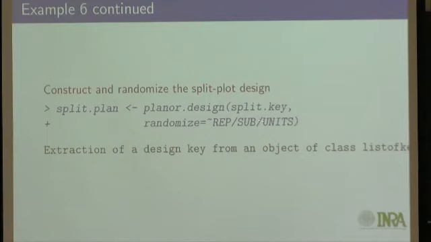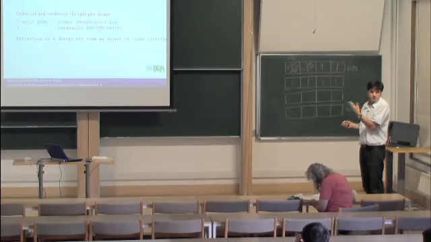So we have found a key. It is stored in an object which is called split plot key. And we apply to this object a function which is called planar point design. One argument of this function is information on how we want to randomize the design.